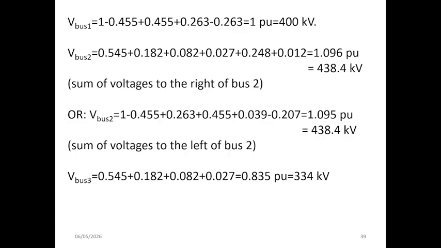For bus 2, the voltage can be calculated in two equivalent ways. First, by summing all wave components traveling to the right of bus 2, we obtain V bus equal to this value. Alternatively, by summing the wave components approaching from the left, we get the same result. And for bus 3 also, we can use a similar method.